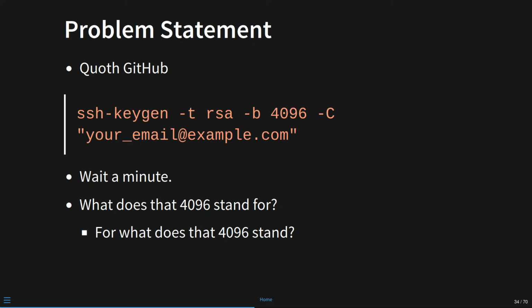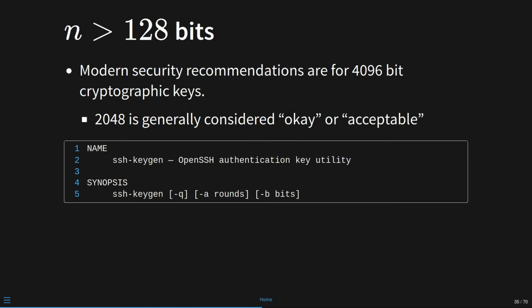And so we should get pretty stressed out by that 4096 because that's a lot bigger than our biggest Rust integer type, the U128, right? So that's probably going to be a problem for someone starting around like Friday, right? Okay, so modern security recommendations for RSA are for 4096-bit keys, and 2048 is generally accepted.